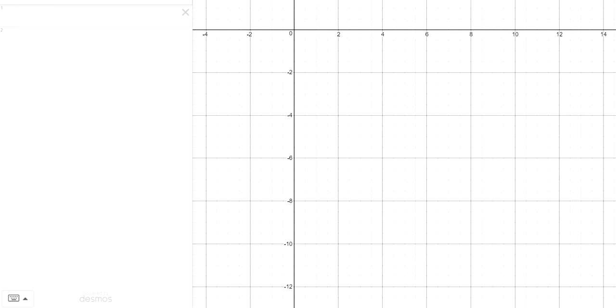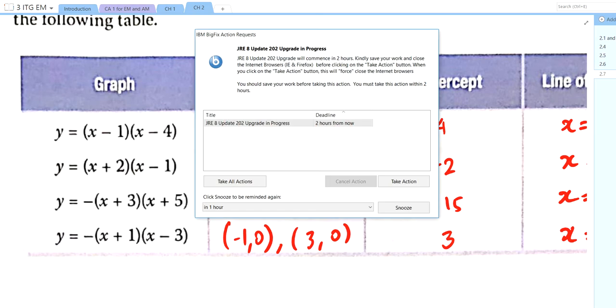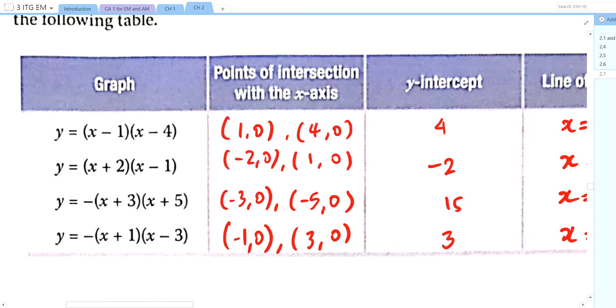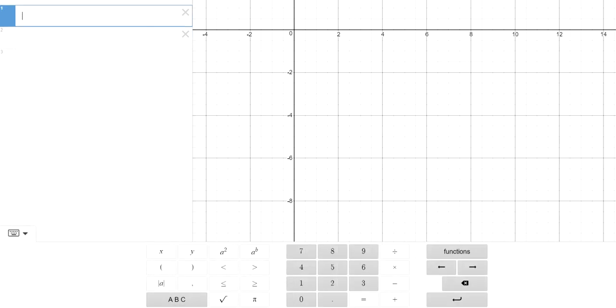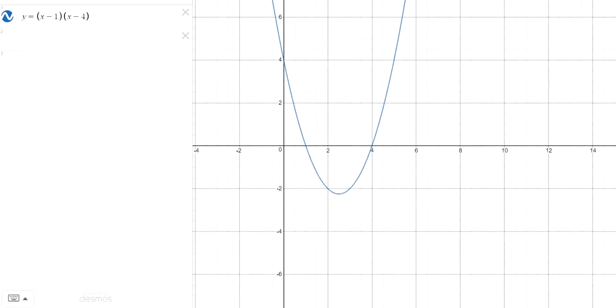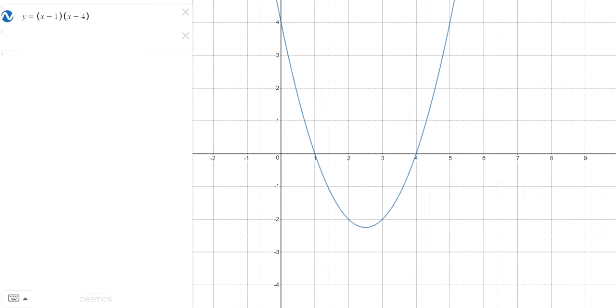Okay, so the very first graph that we have is (x minus 1)(x minus 4). So y equals (x minus 1) multiplied by (x minus 4). Okay, so this is my graph.